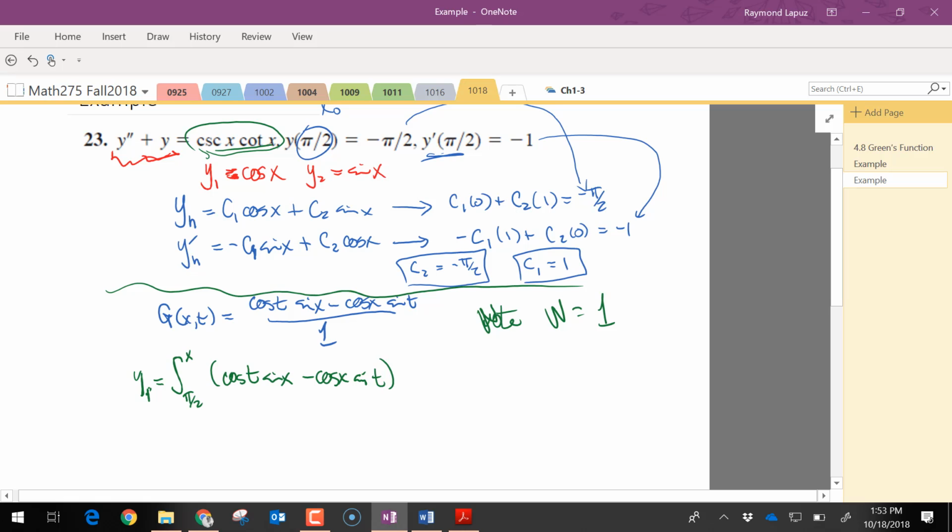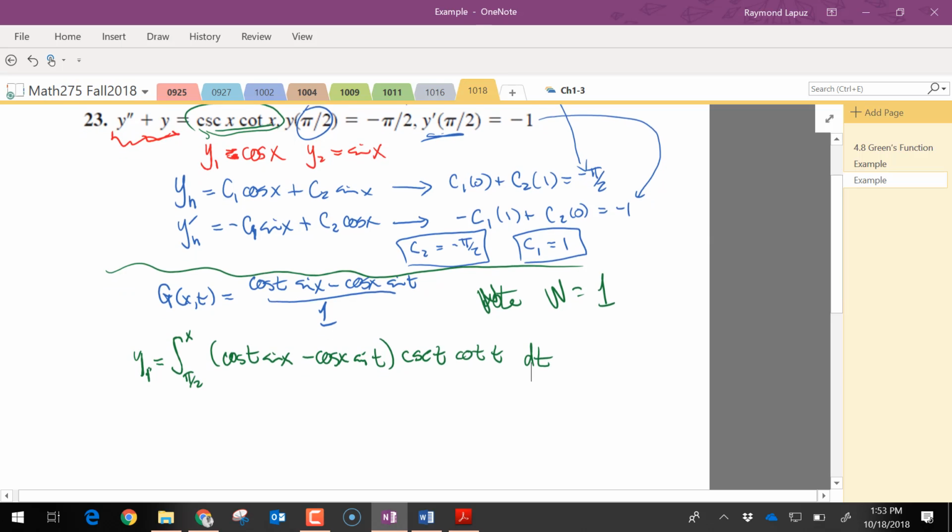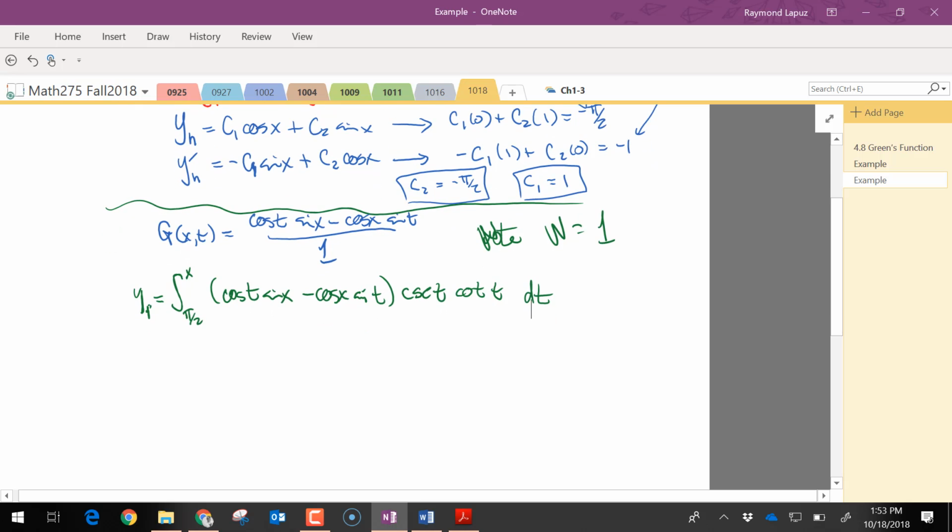So cosecant is 1 over sine. I'll put cosecant t for now and cotangent t. So divided by 1, the Wronskian, so that just doesn't factor in. So it looks like we can distribute.